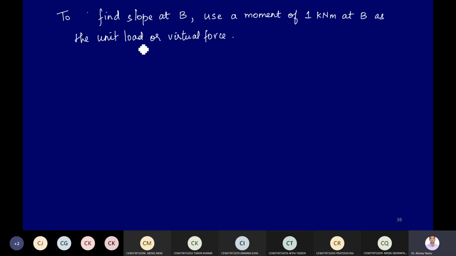Now remember, when we say load, it can mean a force or it can mean a moment. When we say a virtual force, it means both force and moment. So I want to find the slope at B.